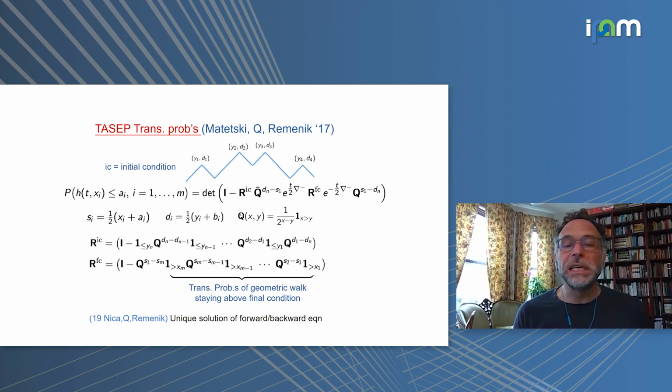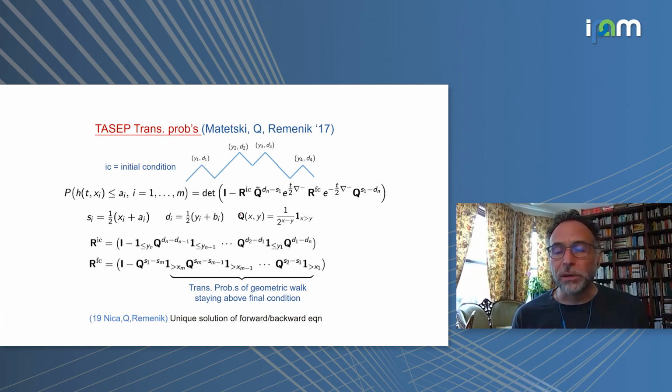They're just e to the t over 2 grad minus. Well, that's just the solution of solving the equation dtu equals grad minus u, which I think everybody here can do. The q is just the transition probabilities of a geometric random walk jumping down.